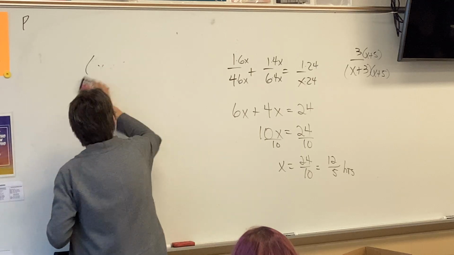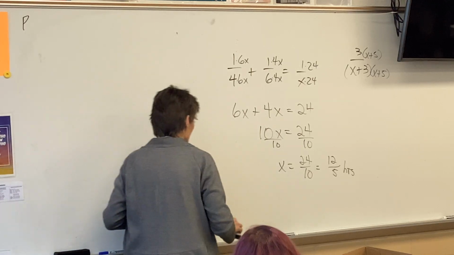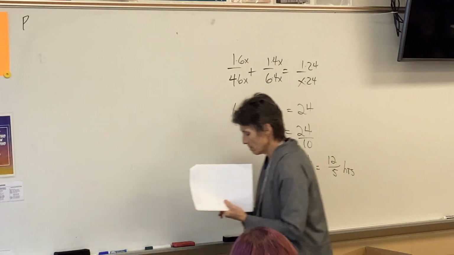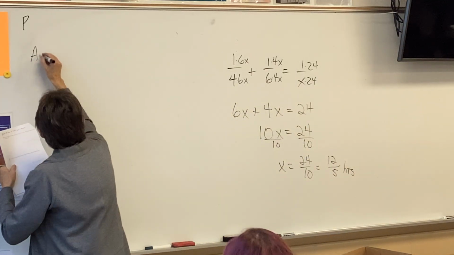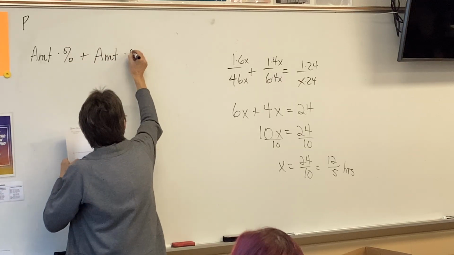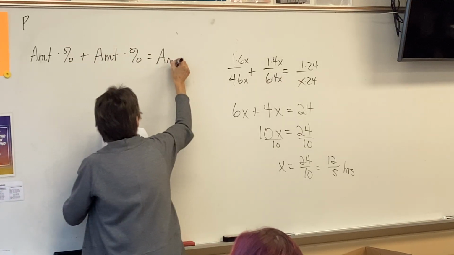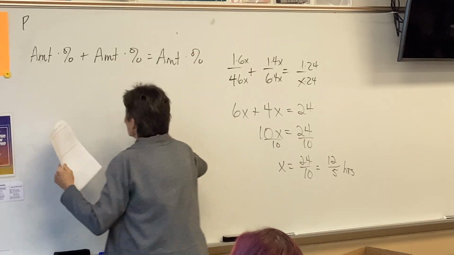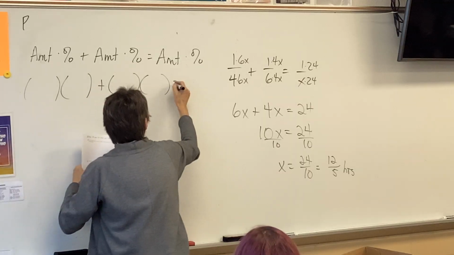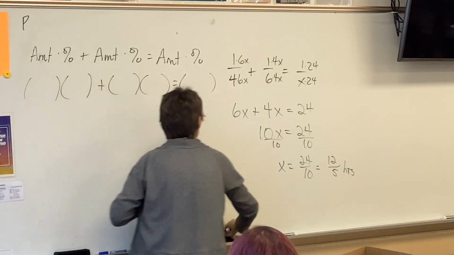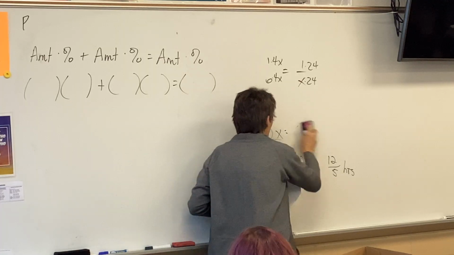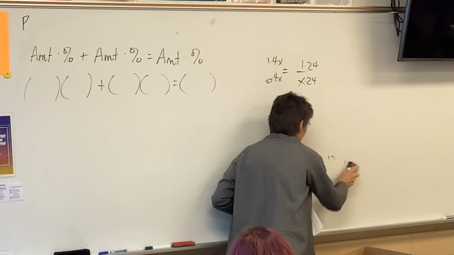All right, last one. What's our setup going to be for this guy? Yeah, this is where the amount percent ones. Amount times percent. Okay. Let's go ahead and fill in our percentages first.